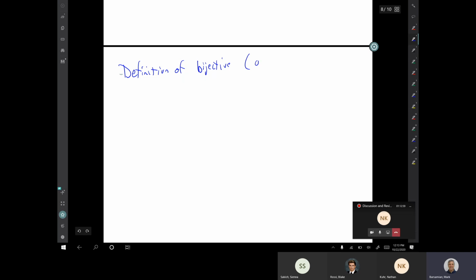The book says a one-to-one correspondence. That is, the definition is both injective and surjective. That is both one-to-one and onto.